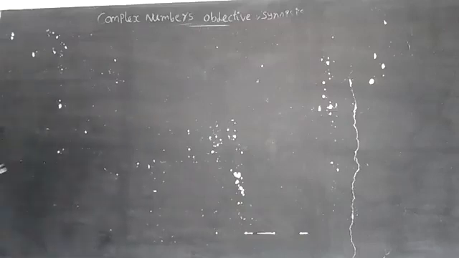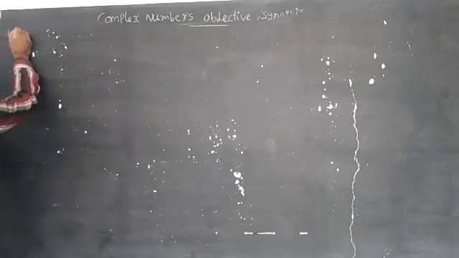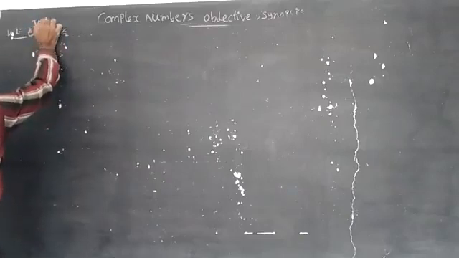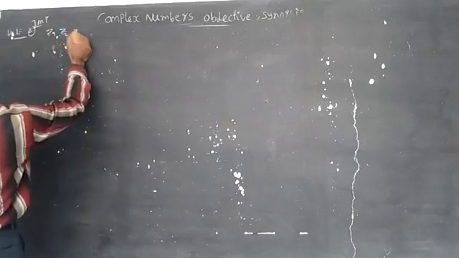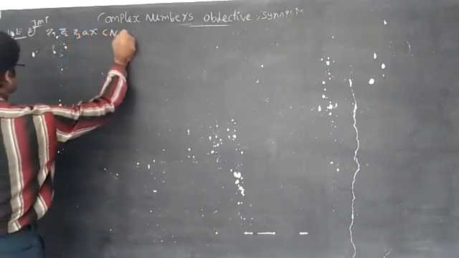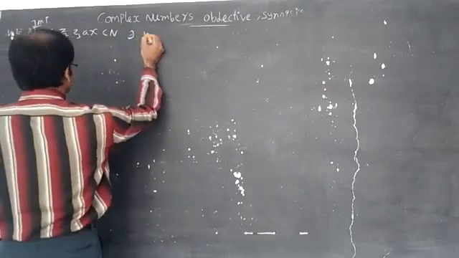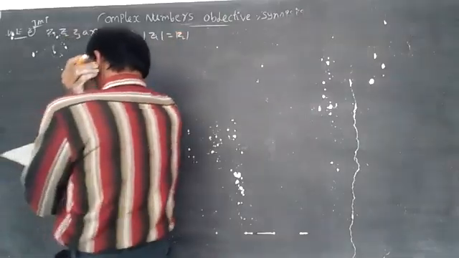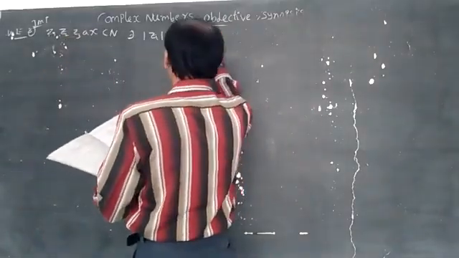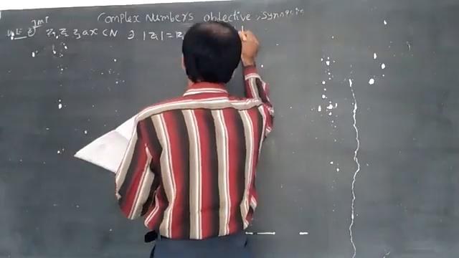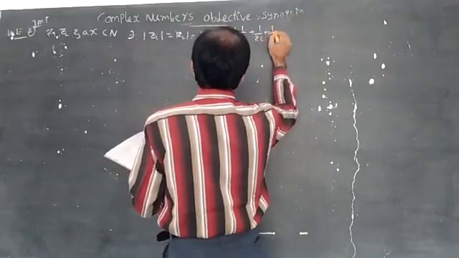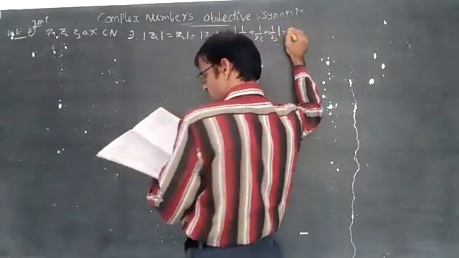Properties we have completed. Let us write worked example 3. Worked example 3 is also like the theorem, an important concept. z1, z2, z3 are complex numbers such that modulus of z1 is equal to modulus of z2 is equal to modulus of z3, that is also equal to 1, and modulus of 1 by z1 plus 1 by z2 plus 1 by z3 is equal to 1.